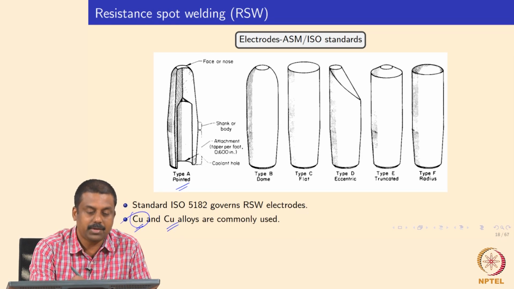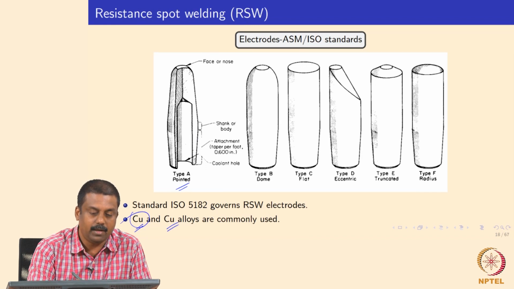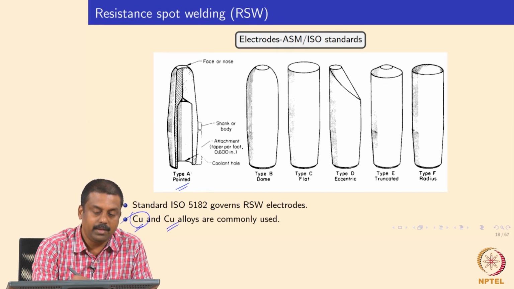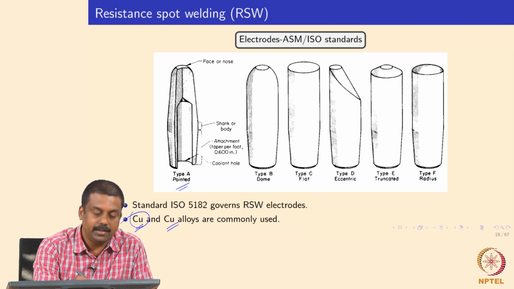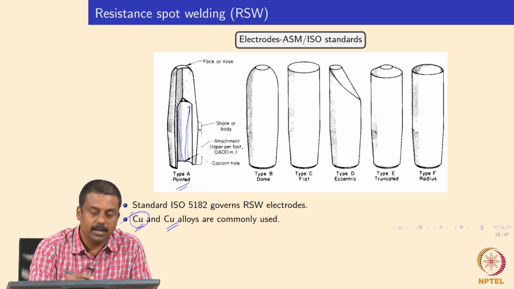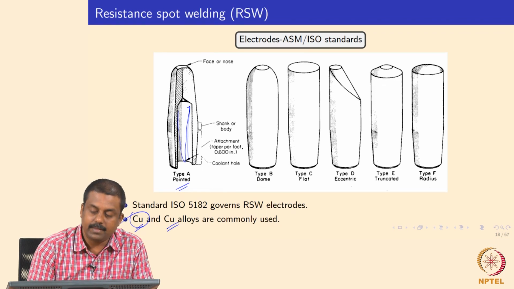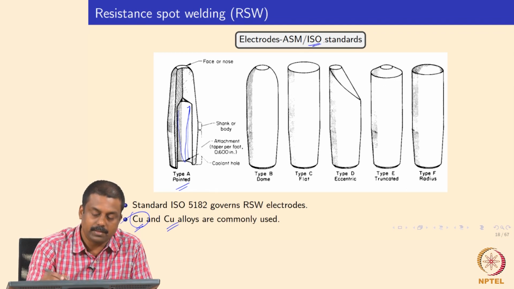This is a typical cross section. For example, a type A electrode is the pointed type. This is a face, and there is a channel inside which is used to circulate the water to extract heat. And so we have various types of electrodes based on the ISO standards.